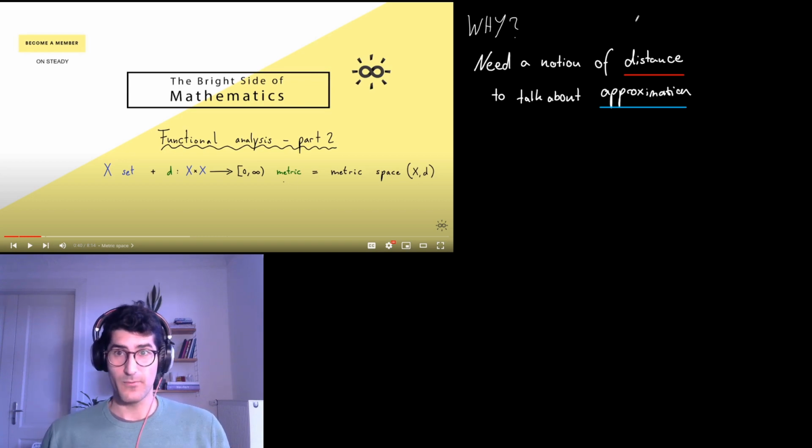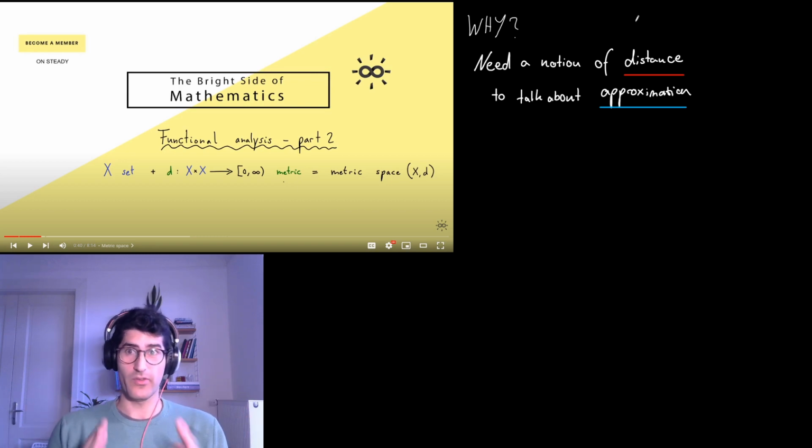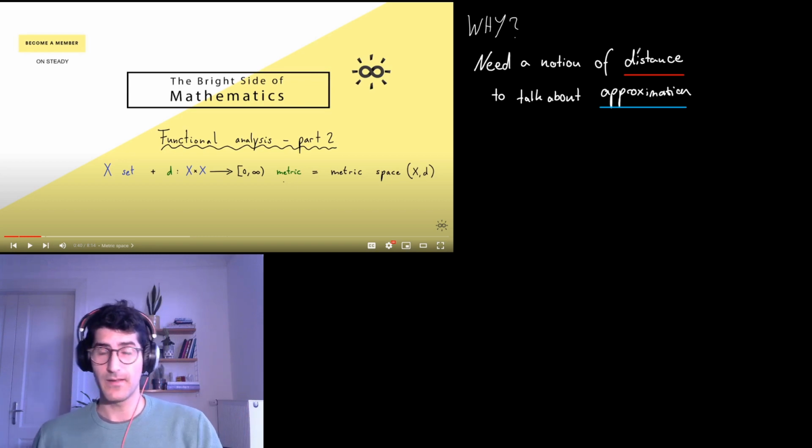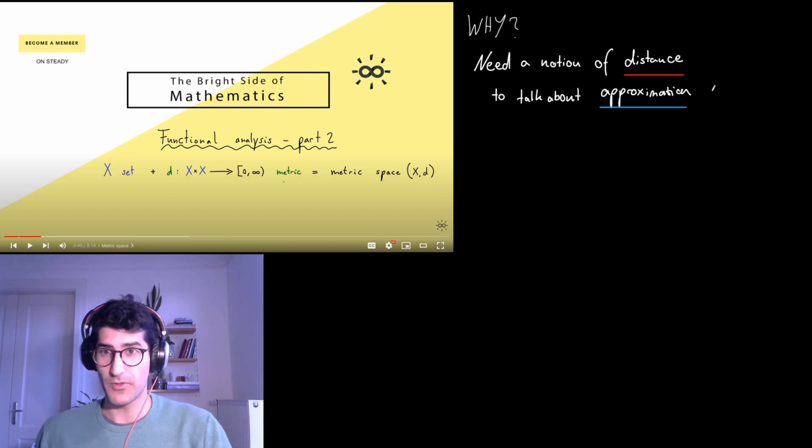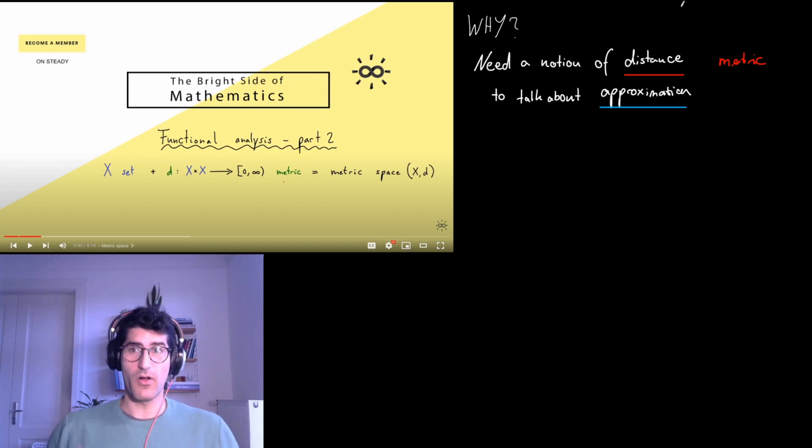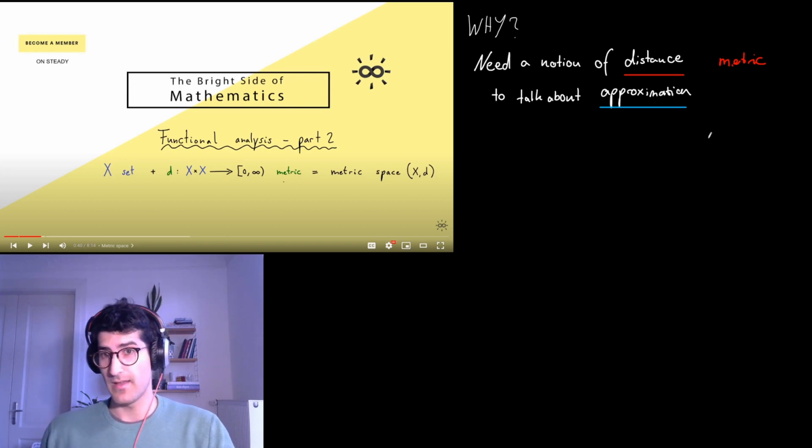For this, we will need a notion of distance first to really quantify what it means for two objects to be close to each other. And the mathematical term for this is, as you may have already guessed, the metric. And having a metric or a notion of distance at hand will then later on help us to define approximation processes via convergence.